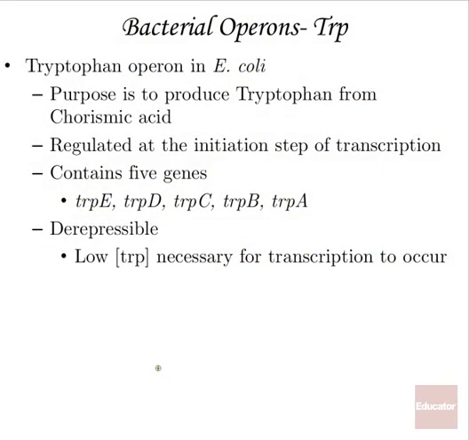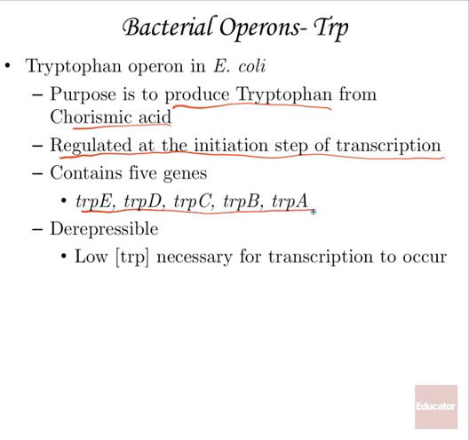All right, a second bacterial operon that we're going to talk about today is the tryptophan operon, or the trp operon. Okay, this is also found in E. coli. Its purpose is to produce tryptophan from chorismic acid. It is also regulated at the initiation step of transcription. This one contains 5 genes instead of 3.